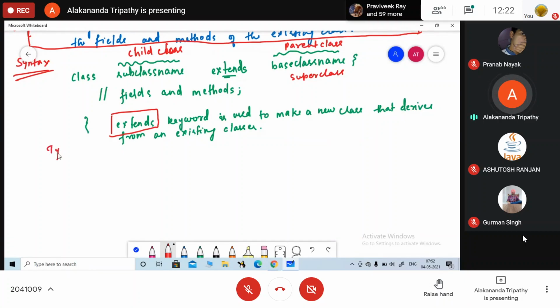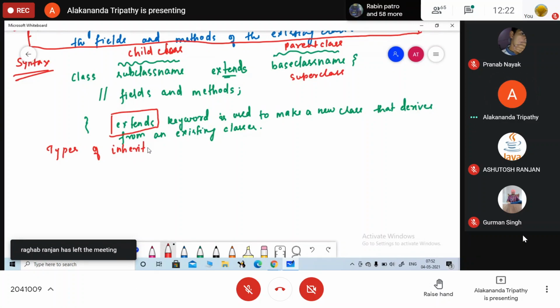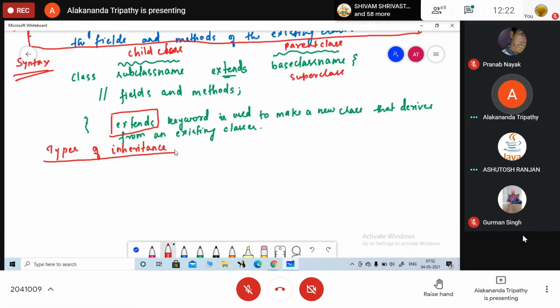Next one is types of inheritance. What are the different types of inheritance you know? In the last class you were telling me the different types of inheritance. Single inheritance.